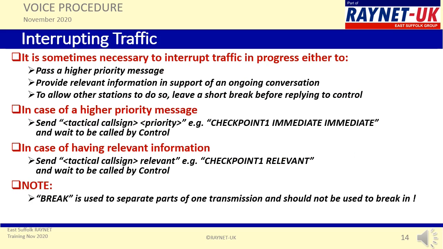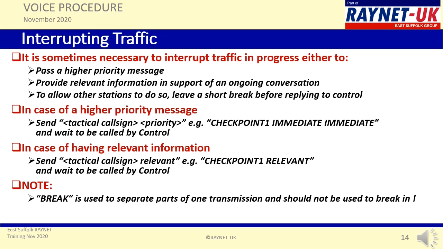It is sometimes necessary to interrupt traffic in progress, either to pass a higher priority message or to provide relevant information. To allow other stations to do so, leave a short break before replying to control. In the case of having a higher priority message, send something like "checkpoint 1 immediate, immediate" and wait to be called by control.